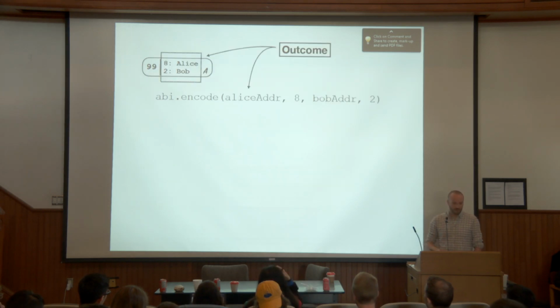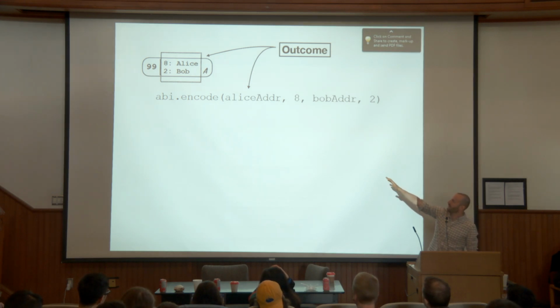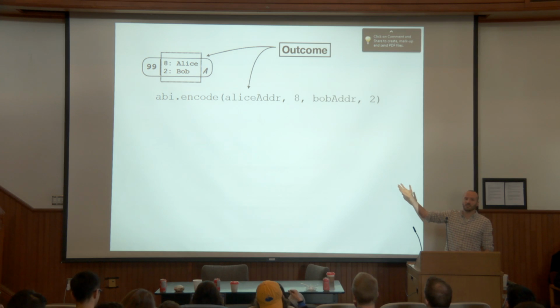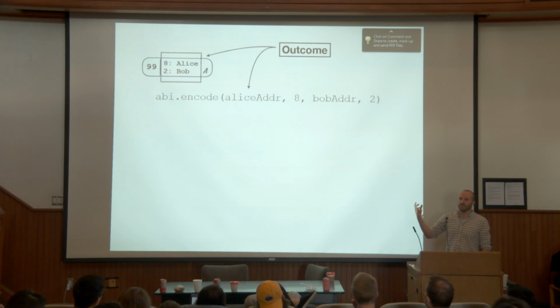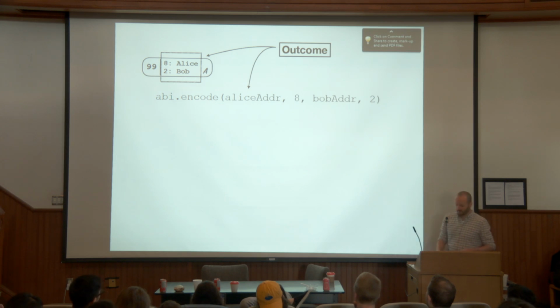So that was all a little bit abstract. Let's look at an example. This is an example from the thing I did earlier. In this state here, the outcome is the bit that says Alice gets 8 and Bob gets 2. And that outcome could be encoded as a string of bytes using something like ABI encode. One of the things that your state channel framework needs to do is to explain what the data format is, how we are going to encode these outcomes.